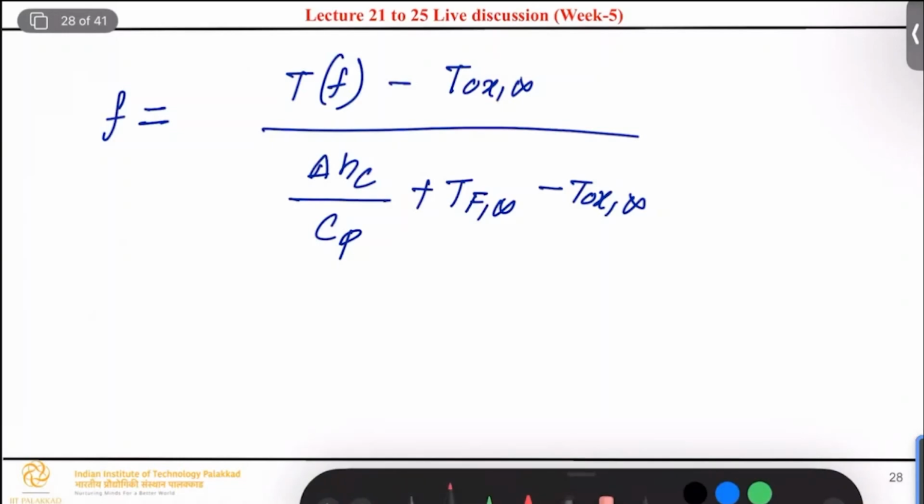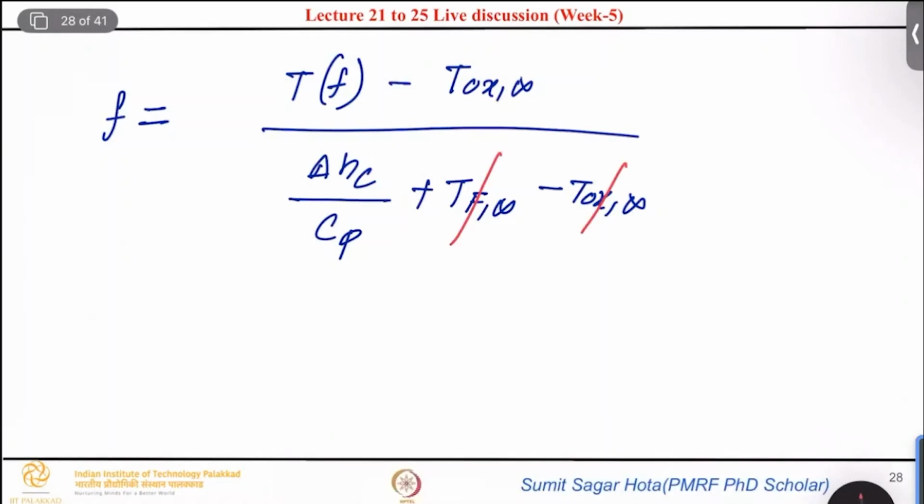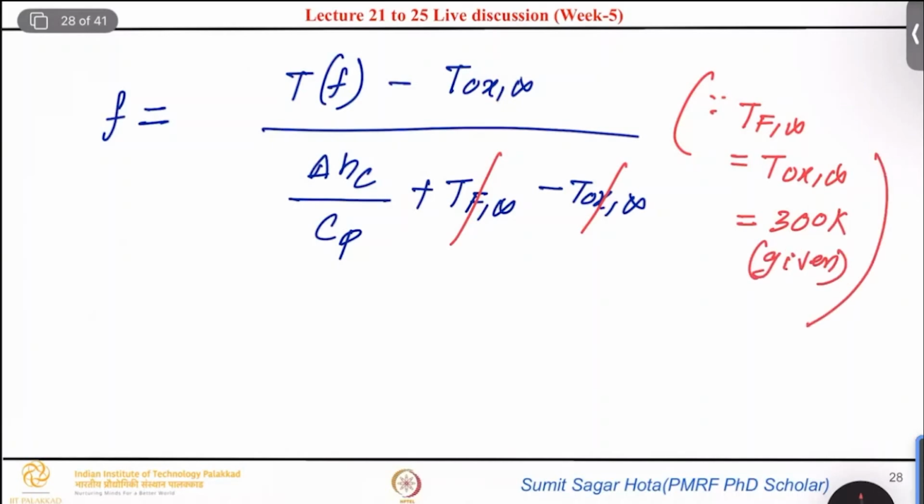Now here T fuel infinity and T oxidizer infinity we just cancel out, because it is given that T fuel infinity is equal to T oxidizer infinity is equal to 300 Kelvin.